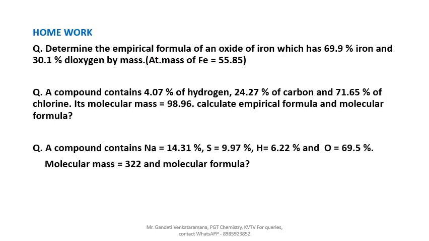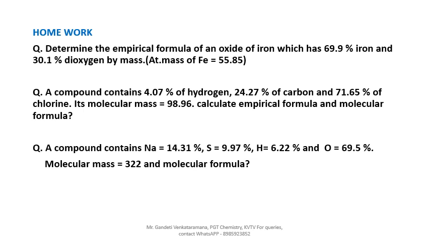Three questions have been given. This is the homework for you. First question I am reading. Determine the empirical formula of an oxide of iron which has 69.9% iron and 30.1% dioxygen by mass.